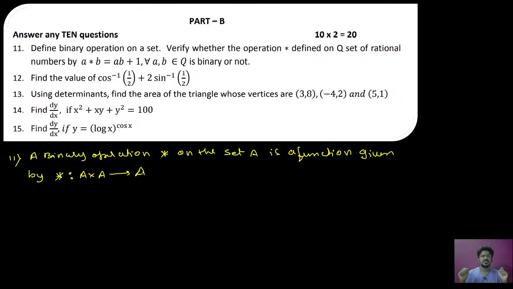That is, a binary operation star on the set A is a function given by star from A cross A to A. Clear? So now we have to go for solving.